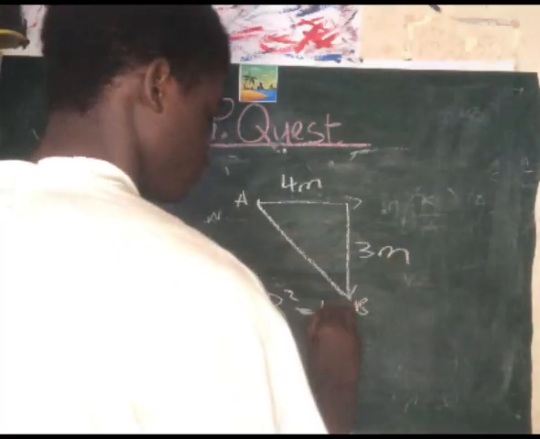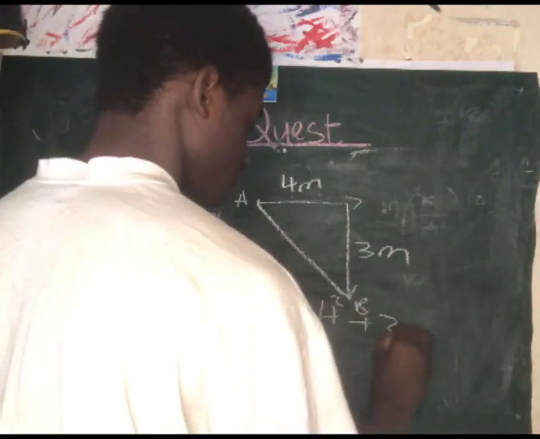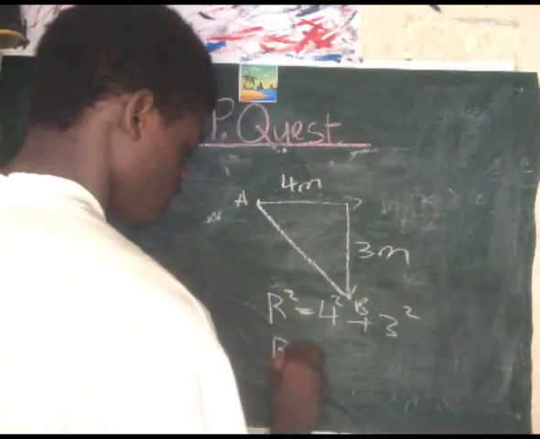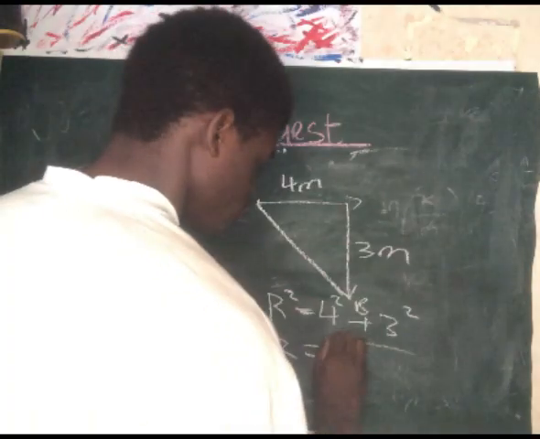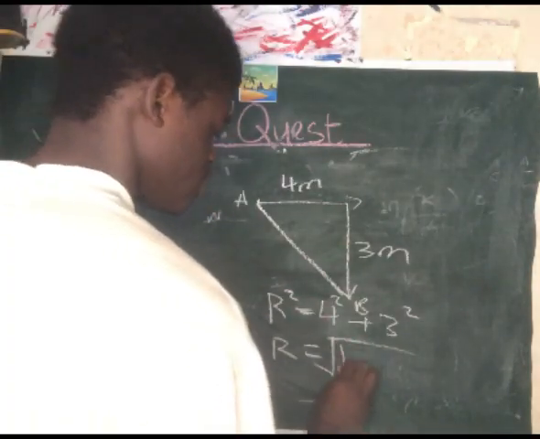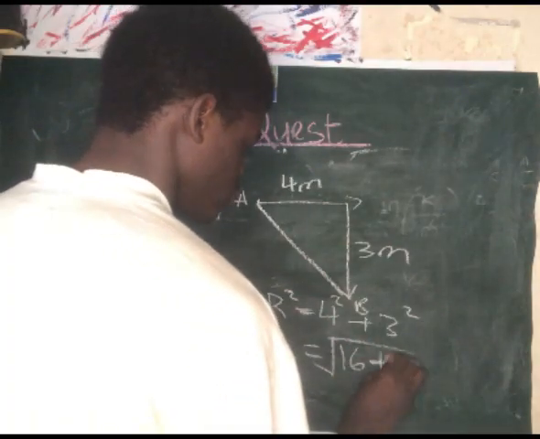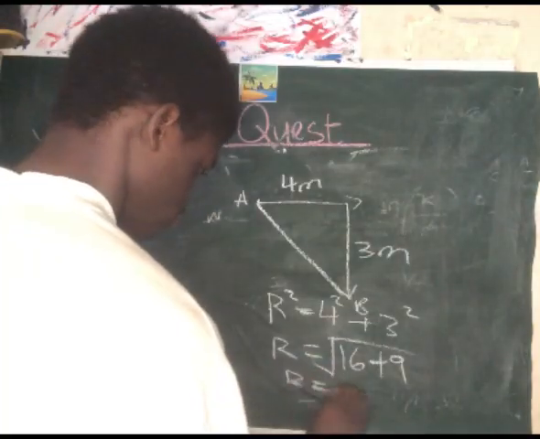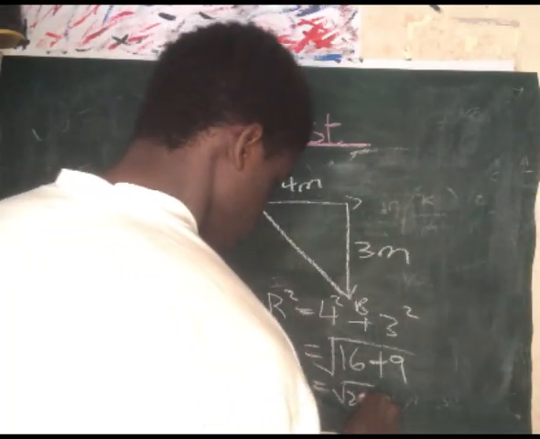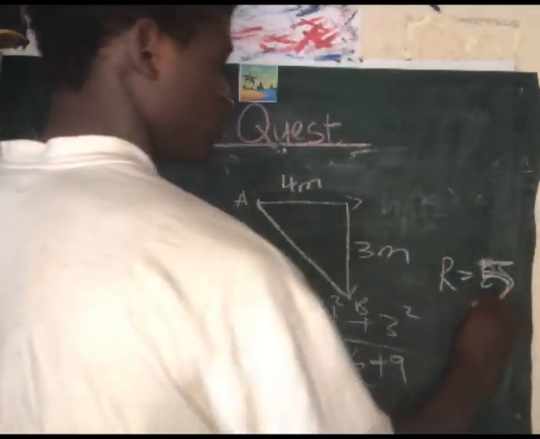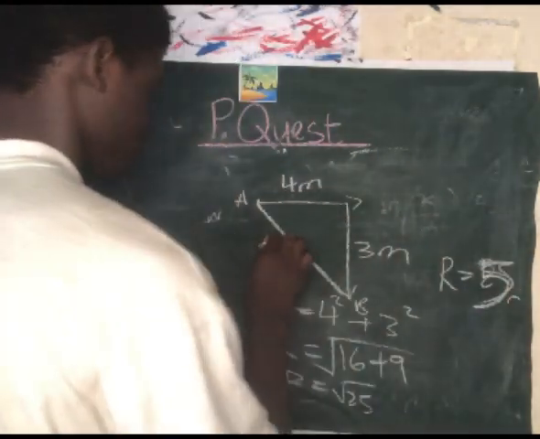That will be 4 squared plus 3 squared. Then R will be square root of 4 squared plus 3 squared. 4 squared is 16, 16 plus 9. R is equal to square root of 25, which is 5. So the displacement is 5 meters.